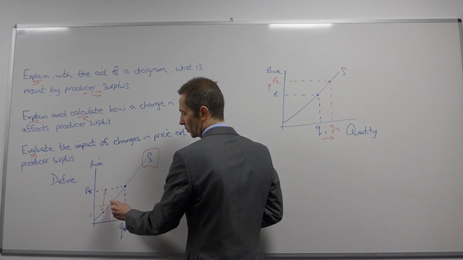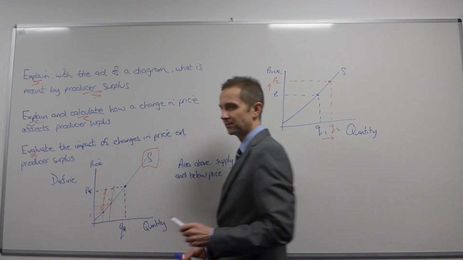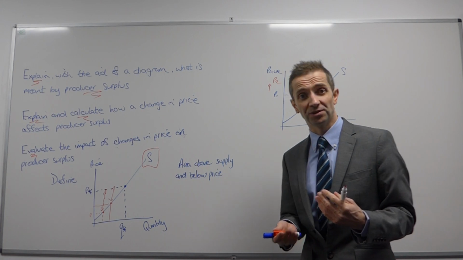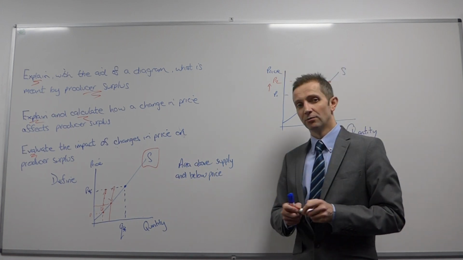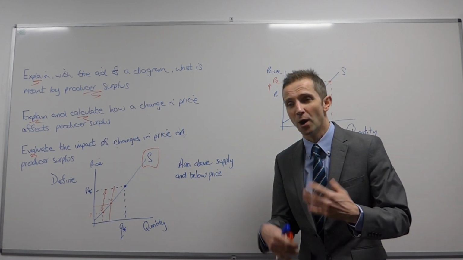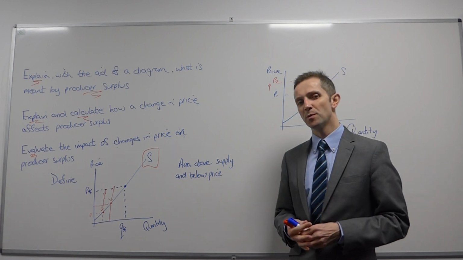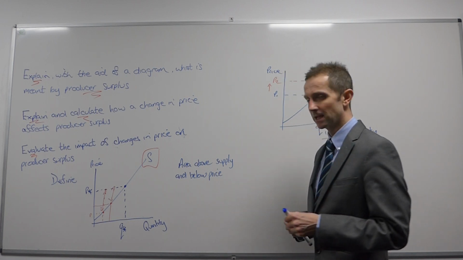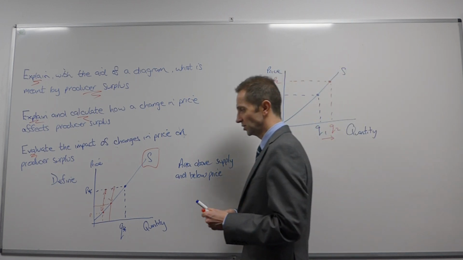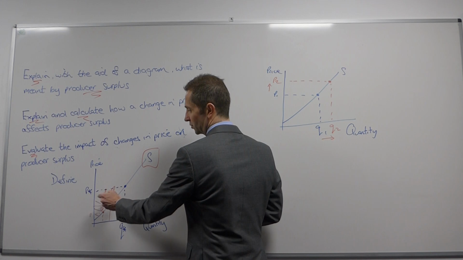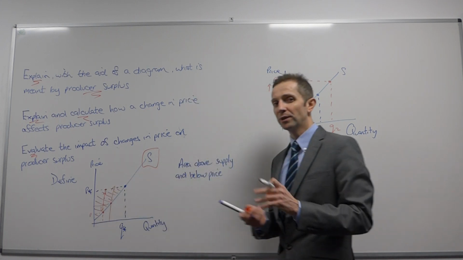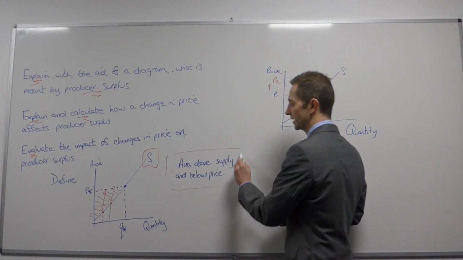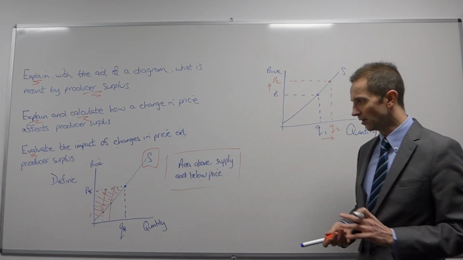So that's the payment required, that's the surplus. And so I'm sure you get the gist by now that the producer surplus is the payment received by the producer or the firm over and above the minimum required to bring the good or service to the marketplace. And we could shade that entire triangle area there, and that would be your producer surplus. So it's the area above supply and below the price.